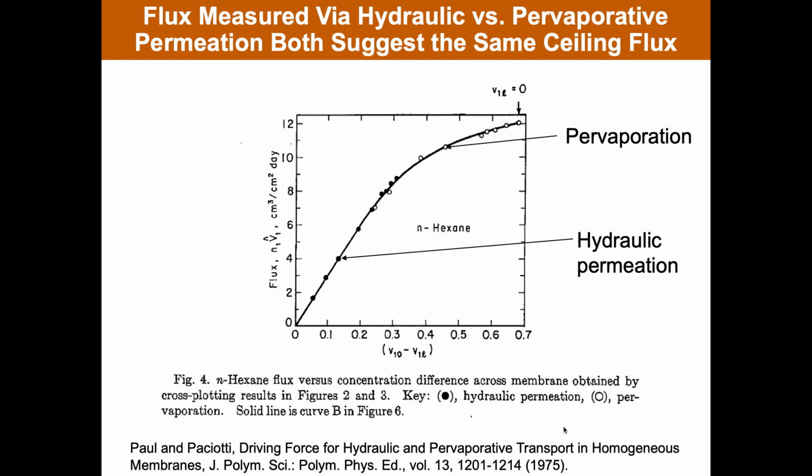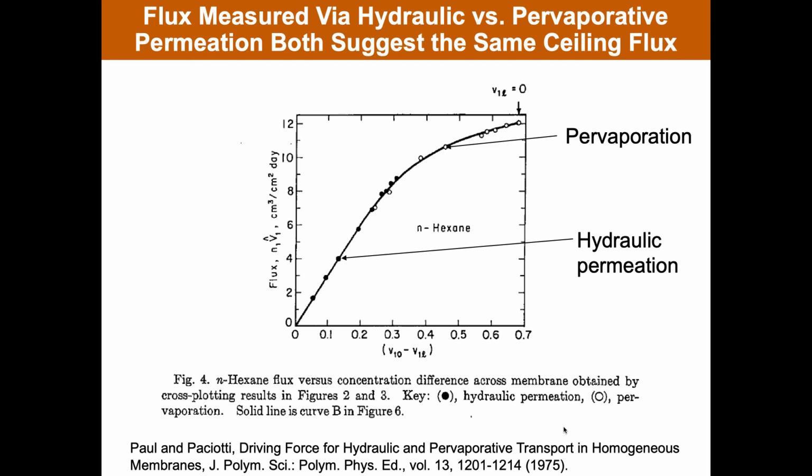Okay. Here's that experiment from the same paper. Now this is looking at the difference between the concentration of penetrant hexane again, between the upstream and downstream phases. Again, when you have the upstream and downstream phases being at the same concentration, flux is zero.